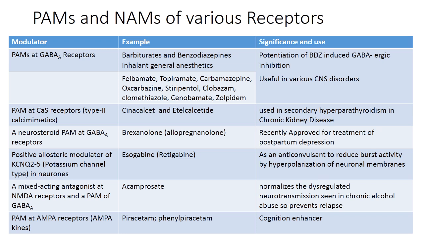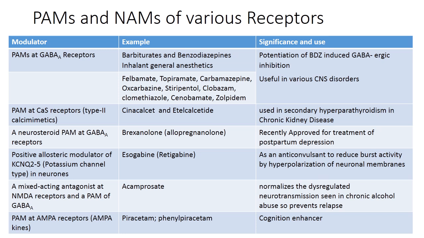Other examples are PAMs at calcium sensing receptors, known as type 2 calcimimetics; cinacalcet and etelcalcetide are used for the treatment of secondary hyperparathyroidism in chronic renal disease. A neurosteroidal PAM at the GABA A receptor is brexanolone, a pregnenolone derivative, and it has been recently approved by the FDA for the treatment of postpartum depression.